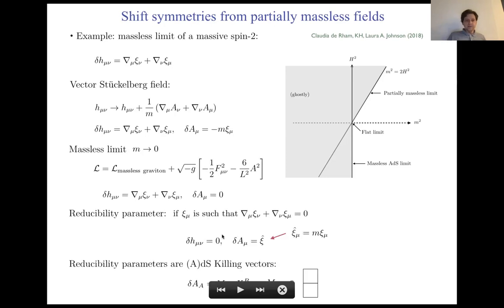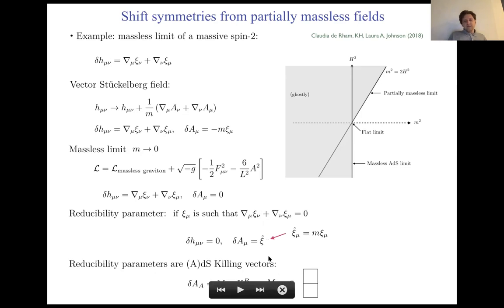Indeed, there is a reducibility parameter if C is such that the gauge transformation is 0, which is precisely a Killing vector on the ADS space. Then this transformation vanishes, and we can rescale the transformation on A to make it a simple shift. So this proto-Lagrangian for this particular value of the mass is in fact invariant under a transformation where we shift A by an ADS Killing vector.